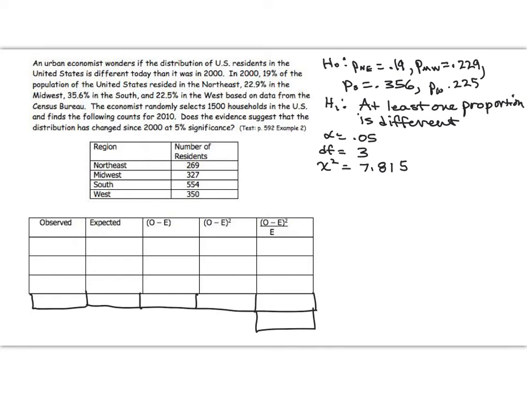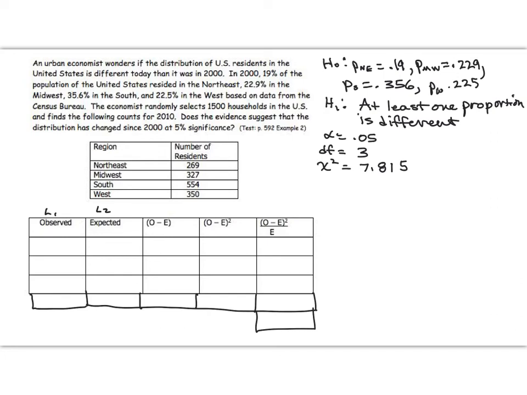And now I can go ahead and calculate my chi-squared value. So I'm going to do this the long way, but if you want, you can go ahead and put this in list 1, this in list 2, and then just run the chi-square goodness of fit test.